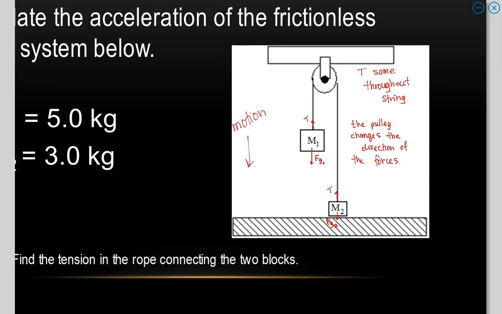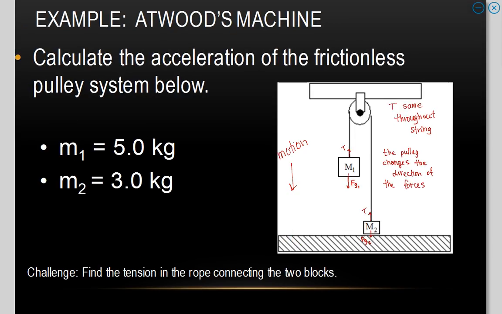Well, what do I mean by that? If I was to draw a free body diagram with M1 over here and M2 over here, with this tension as an internal force, what I can do now is ignore this tension.